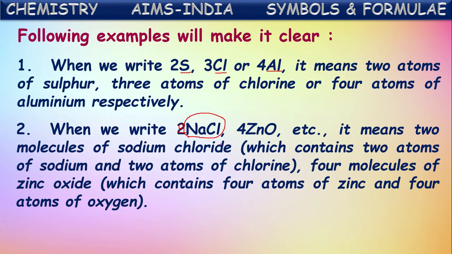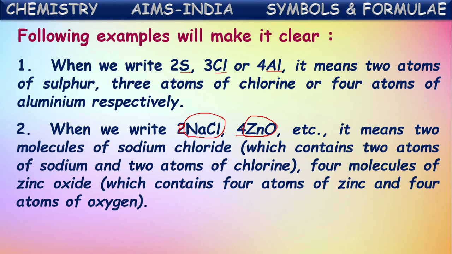Okay, and from this you can also say the total number of atoms: two atoms of sodium and two atoms of chlorine. Isn't it? See the next one. This represents zinc oxide. It is the chemical formula of zinc oxide. And in front of this zinc oxide formula, they mentioned 4. That represents 4 molecules of zinc oxide.